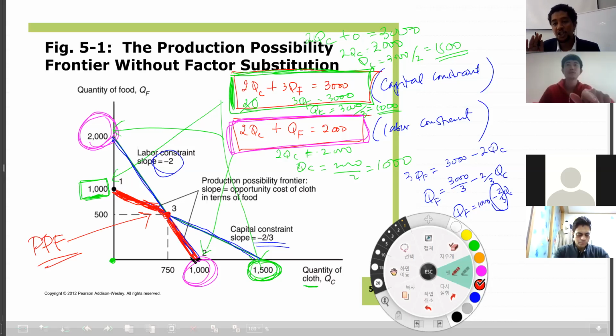How much clothes and how much food we should produce will be determined by this point. You go from this point to the left, you find the amount of food that we can produce. Then you go down, you find the amount of clothes you can produce.